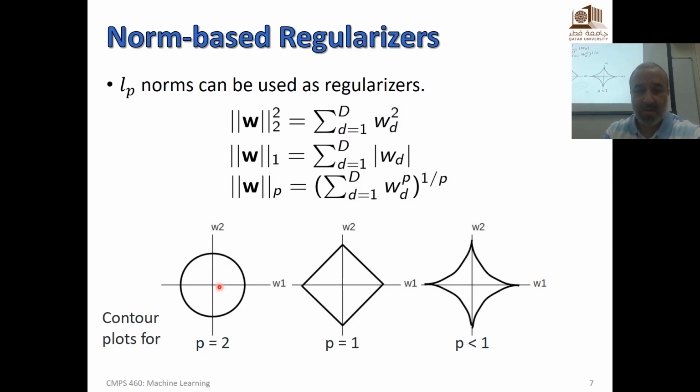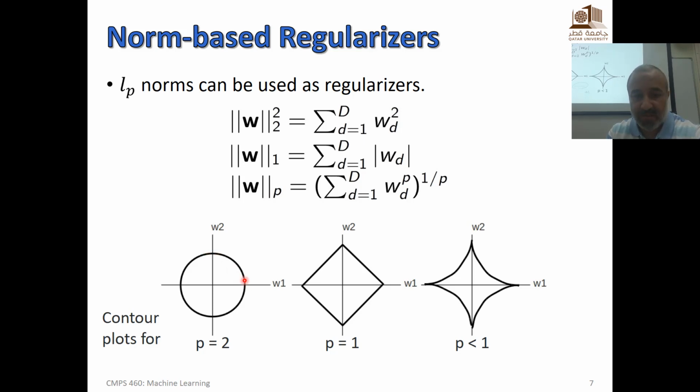Let's look at this point. Do we have a small value of one of these two weights? Yes, right? W1 is 0 actually, in this case. Getting a bit further, do we have a small value of one of the weights? So you can say that in this area, W1 is very small.